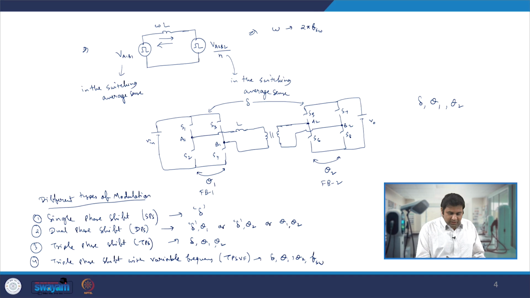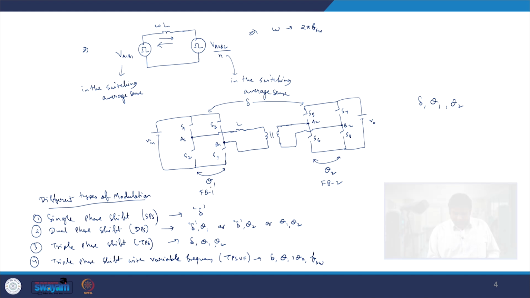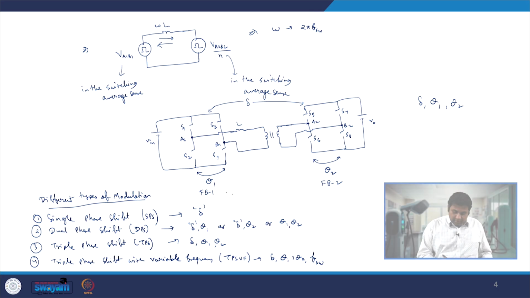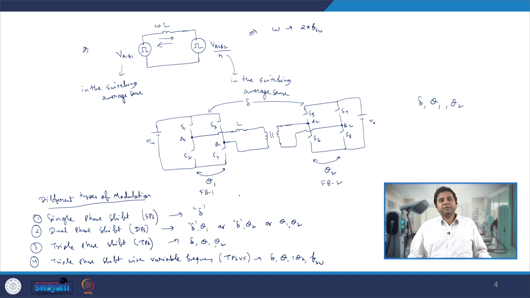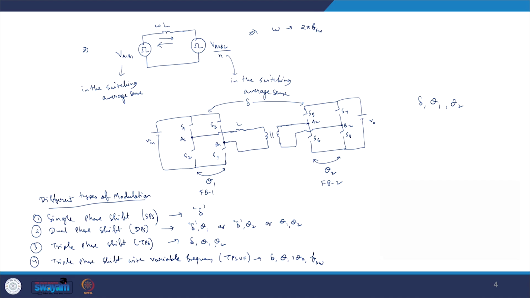That's when we control the average magnitude of voltage applied from A1 B1 or from A2 B2 by giving either theta 1 or theta 2 phase shift. And then finally we can combine all three phase shifts, delta, theta 1 and theta 2. That's when we get the triple phase shift modulation, and along with triple phase shift, we can also introduce variable frequency operation.